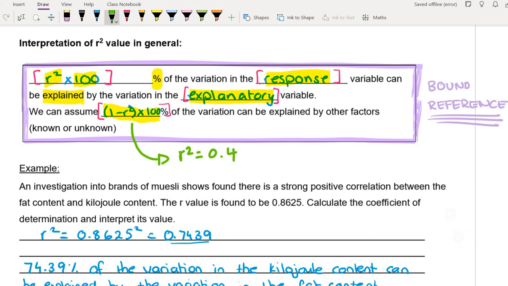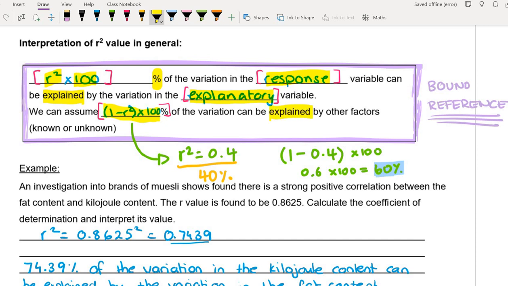Then 1 minus 0.4 is 0.6, times 100, so 60%. Because our R squared value was 0.4, meaning 40% was explained, the rest, 60%, is going to be explained by other factors. Some we know, some we don't know.